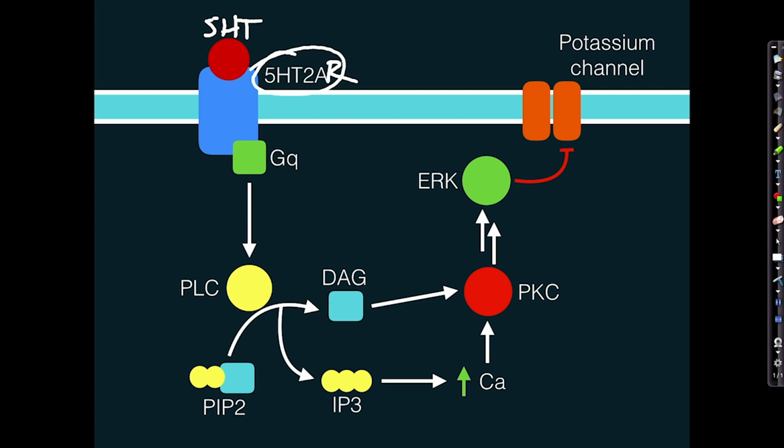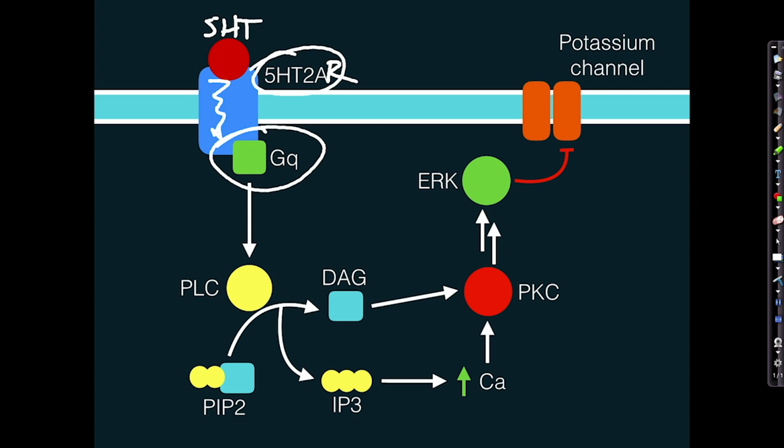So 5-HT binds to the 5-HT2A receptor, of course. You get this change in conformation, and it binds to a specific protein that you might have met before if you studied biochemistry, but otherwise, here it is. And this is called Gq.